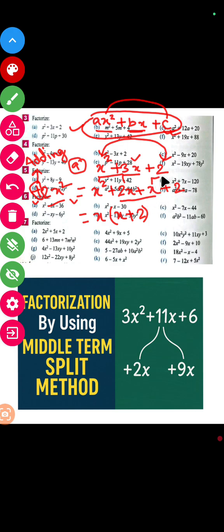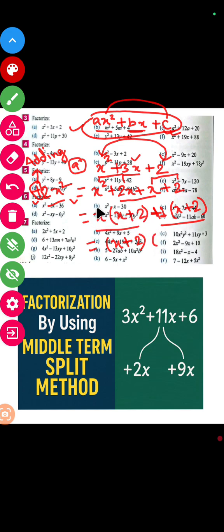Similarly, in these two terms we don't find anything common, that is why we will take 1 as common, and the remaining factor is x plus 2. I have taken 1 as a common. Now what do you see between these two terms? X plus 2 is common in both the terms, that I'll write over here, and the left one should be written in another bracket.